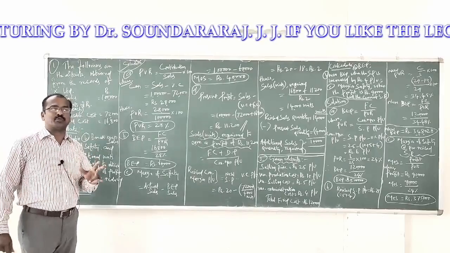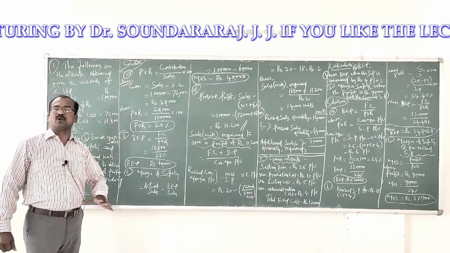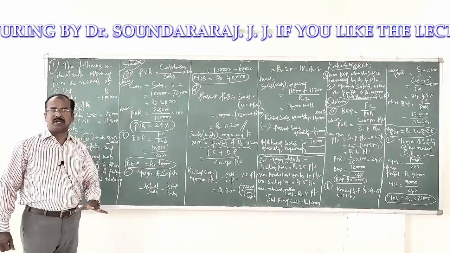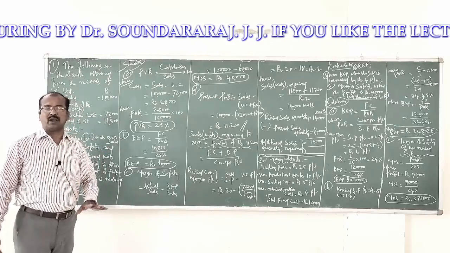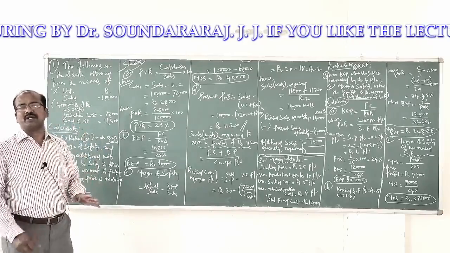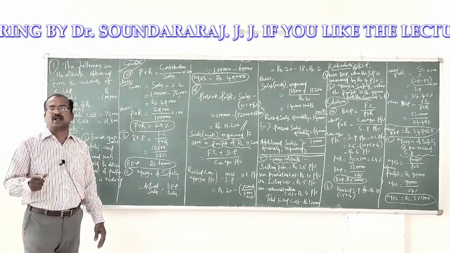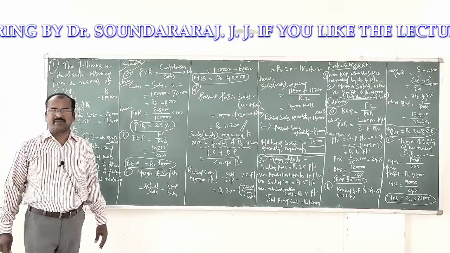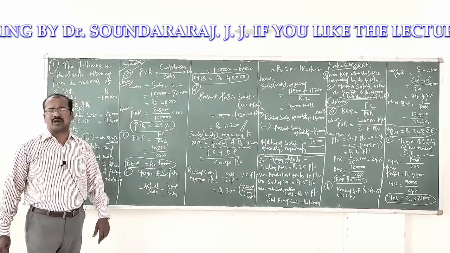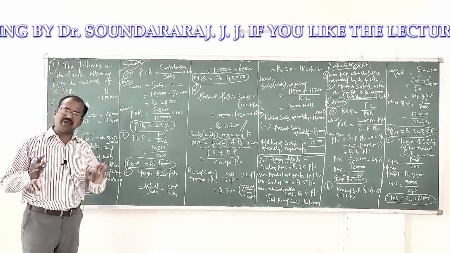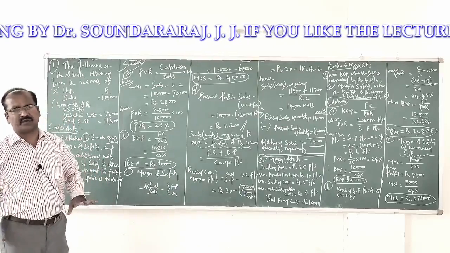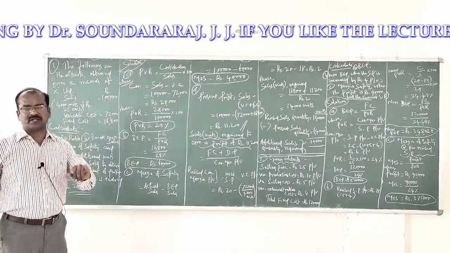So from 25 rupees, the selling price is going to be brought down to 20 rupees. For that, let us first calculate the total amount of profit being earned by the concern in the given situation. That is to be done first.